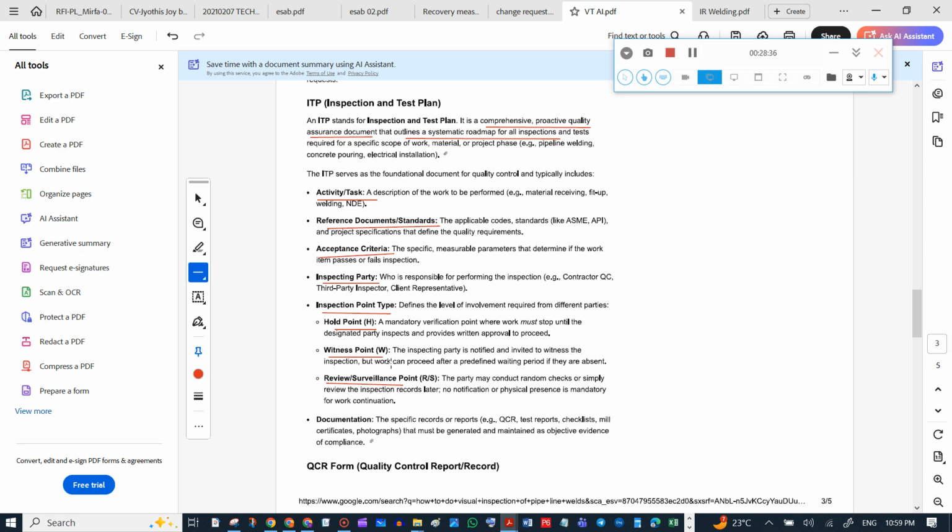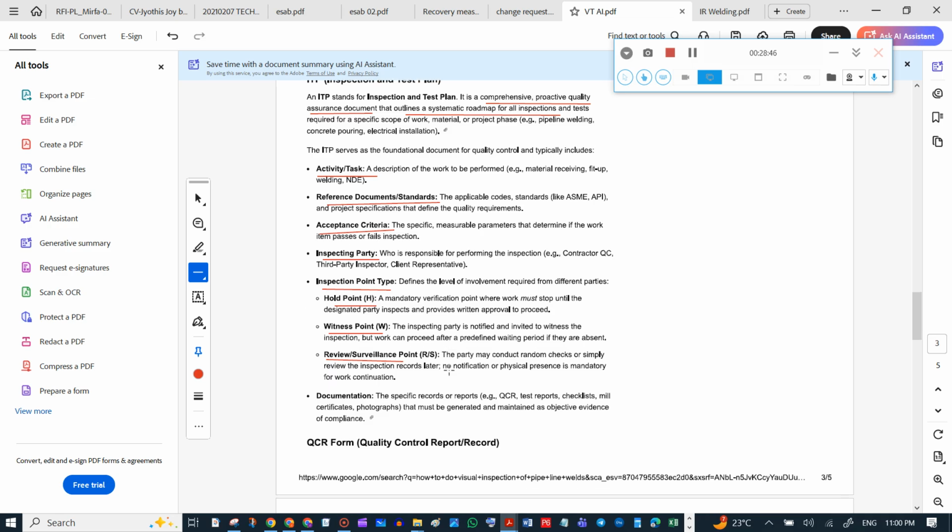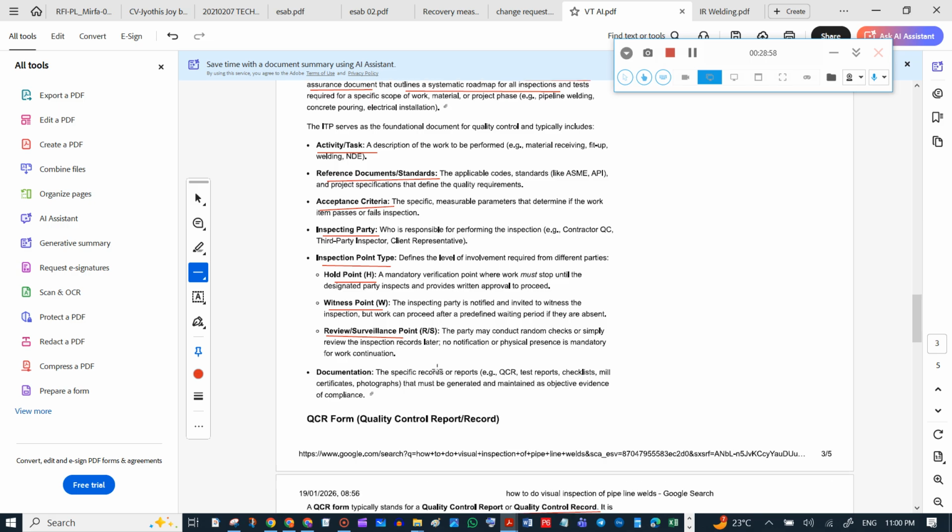A witness point is where the inspecting party is notified and invited to witness, but the work can proceed after a predefined waiting period if they are absent. But in a review or surveillance point, the party may conduct a random check or simply review the inspection records later. No notification or physical presence is mandatory for work continuation.